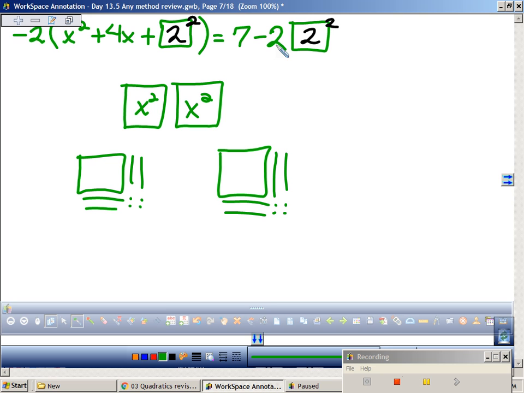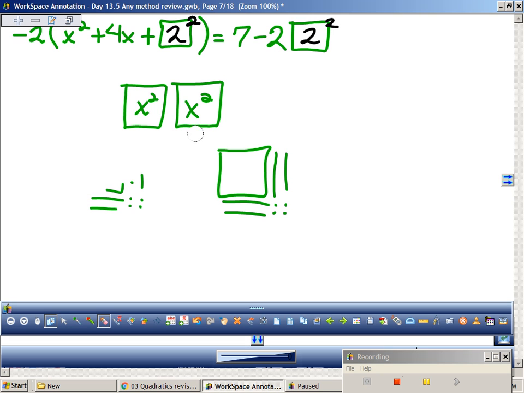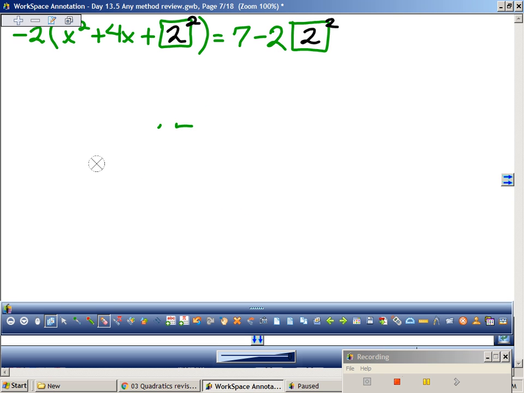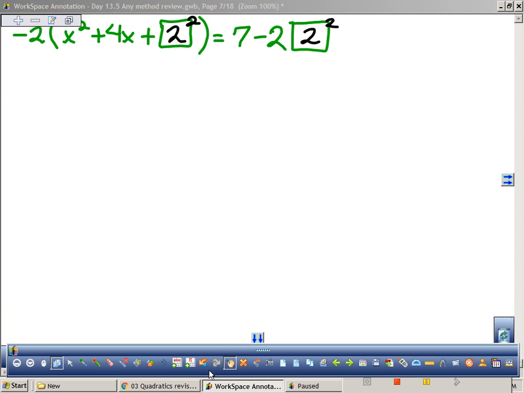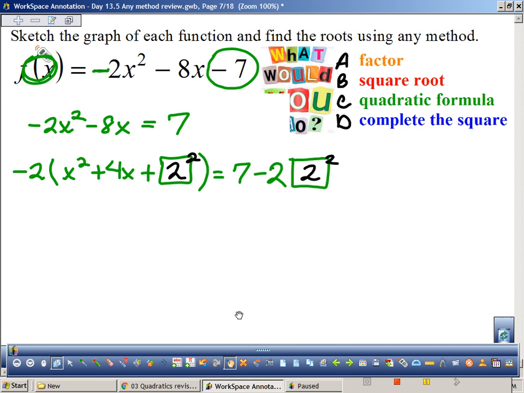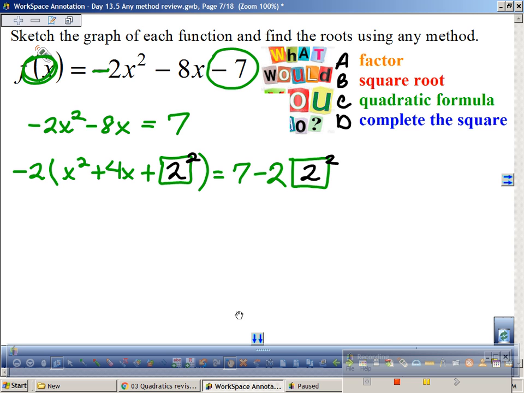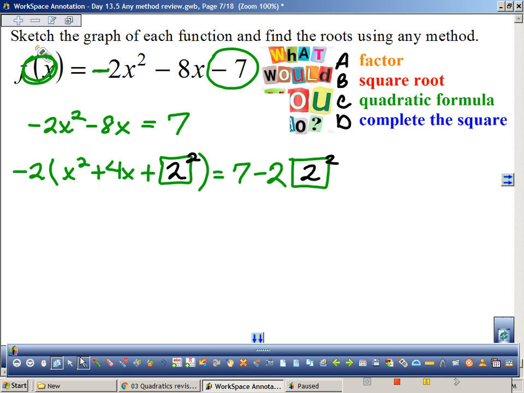Why is it negative? It's negative because it was originally negative. So I pulled a negative 2x out. I'm multiplying. No. It's 7. No, minus 2 times 2 squared.